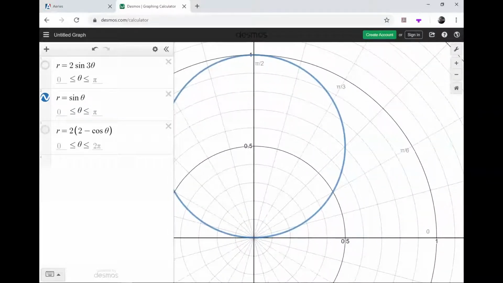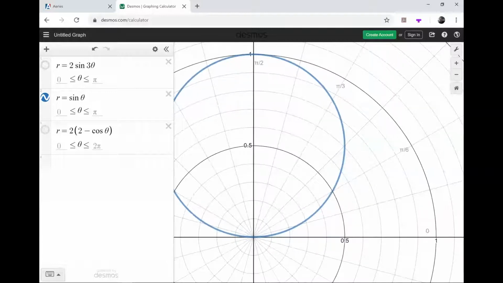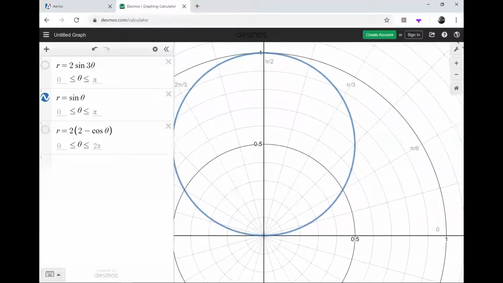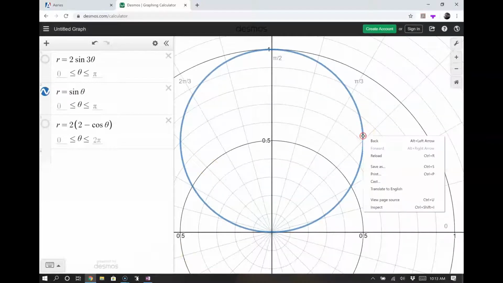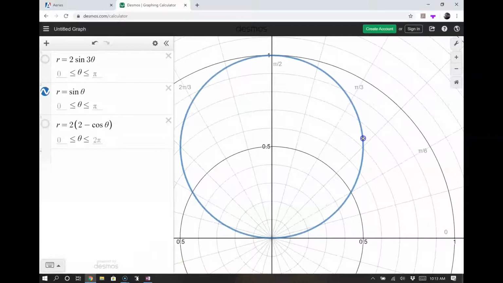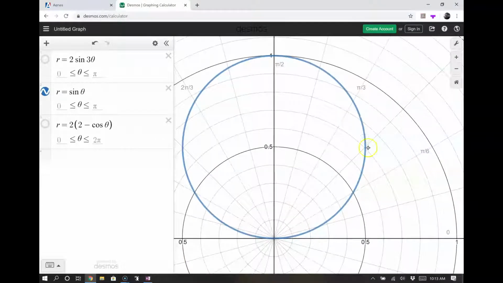I'm supposed to be able to click on it, but it's not letting me, maybe because I'm on a tablet. Let me put this keyboard on it. Here, I'm going to put the arrow right at it. There's 45 degrees. Doesn't that look like the very far right?